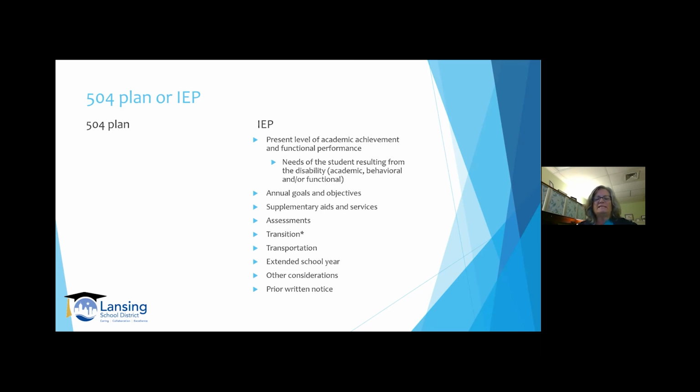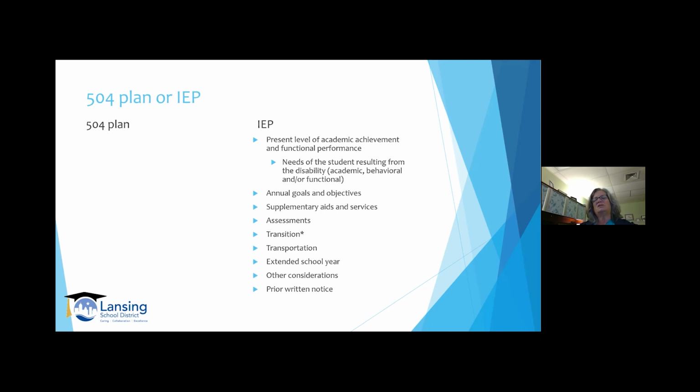And then the last section, which is really almost the most important section of the IEP, is called prior written notice. And these are all the things that the district and the IEP team have discussed during the IEP and have decided they're not going to put into place. So let's say, for instance, we have a particular kind of therapy that we're going to discuss, and we decide that we're not going to implement that.